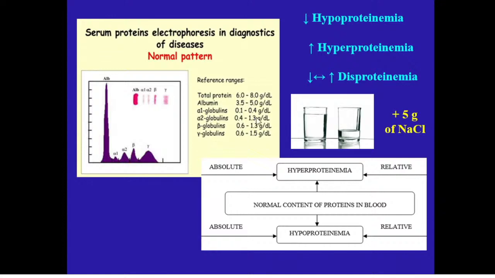Absolute hyperproteinemia is possible when production of proteins is increased. Normally, albumin production does not exceed 85 grams per liter. There is no possibility for the liver to synthesize more albumin. More often, this is due to globulins.